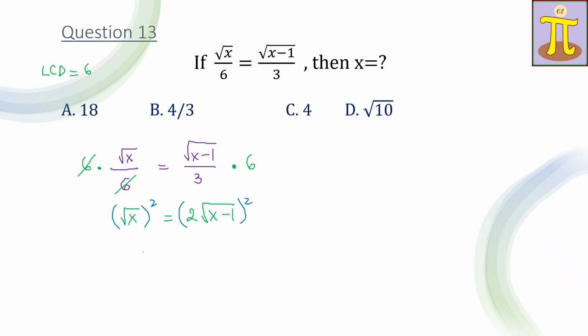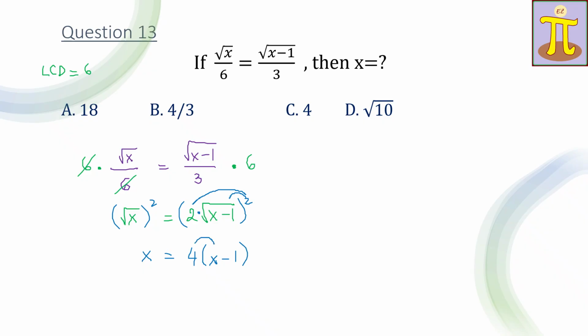So we will have x on this side because the square root and the square cancel. Be careful to distribute the power to each factor inside. So 2 squared is 4, and the square root of x minus 1 squared is x minus 1.